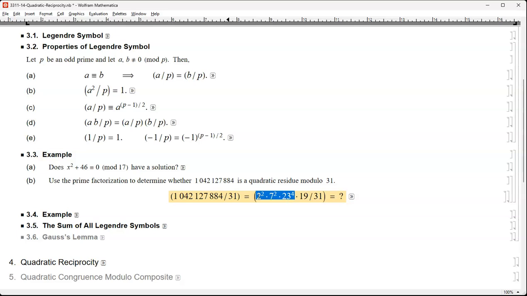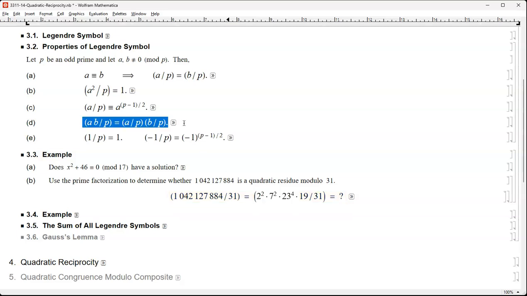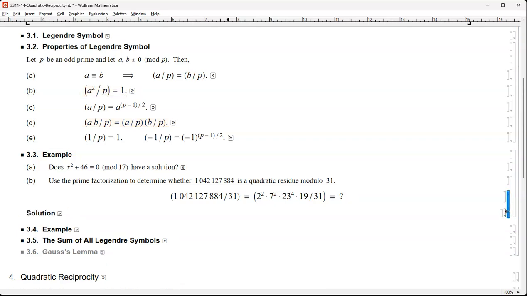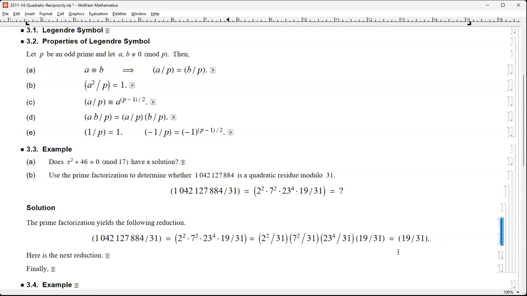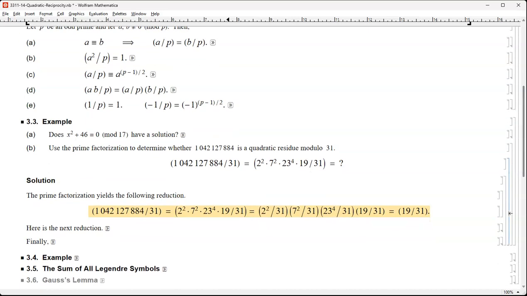All the even powers actually drop out because we can decompose them all, and then all the squares will go down to 1. So the first reduction is just separating them all and then throwing away all the even powers. We have basically a bunch of 1s here. So the first reduction yields 19 over 31.